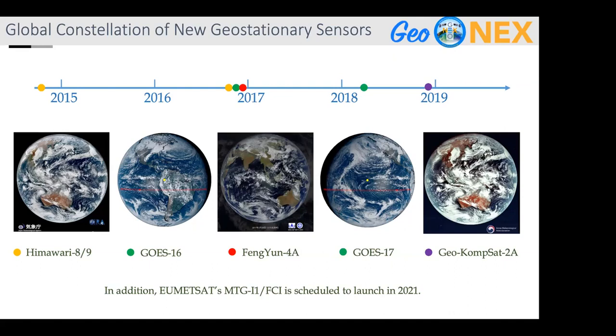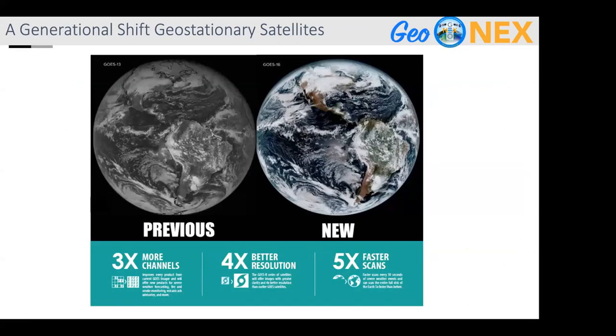All right. So compared to the previous geostationary sensors, here is just a very simple chart. It says we have 3 times more channels or bands. We have 4 times better resolution. So now the native red band is 500 meter resolution.